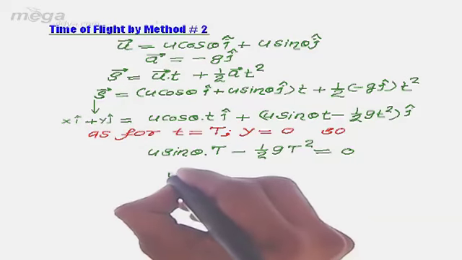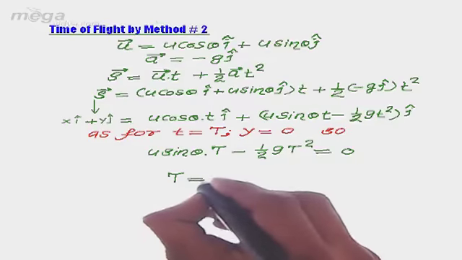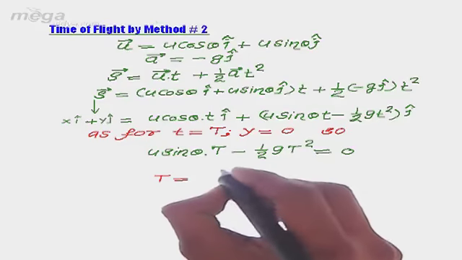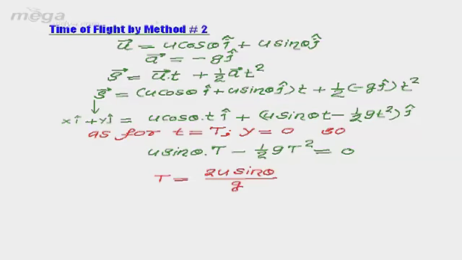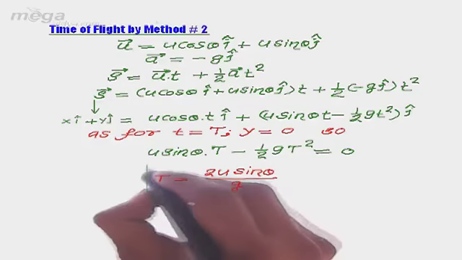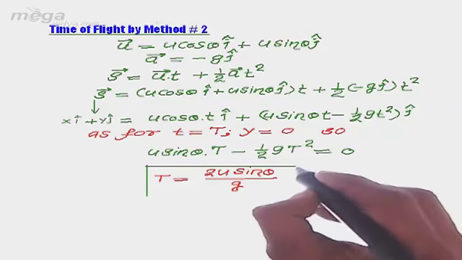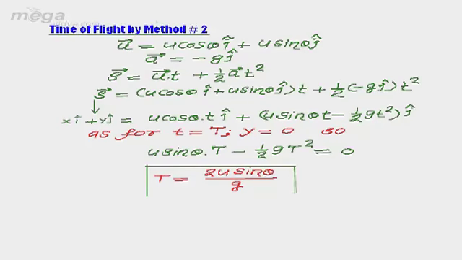Solving this equation, we get the time of flight T to be equal to 2u sin theta divided by g. So students, these are the two different processes by which we got the time of flight.